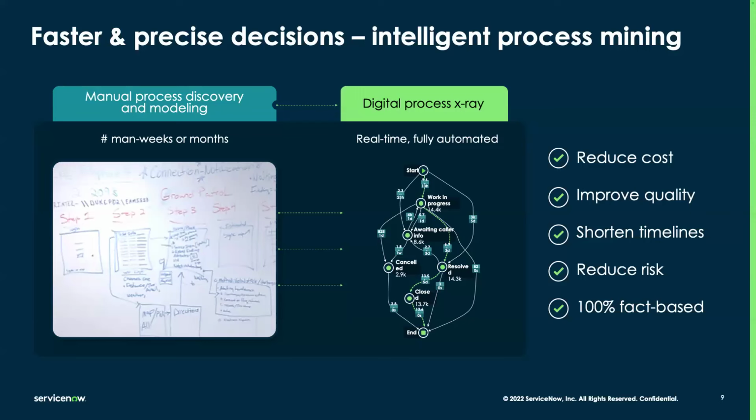So for them, just one project exposed the fact that they had spent over 400 weeks in a year, person weeks, right? People hours, people weeks, spent 400 weeks a year just triaging one type of HR service.